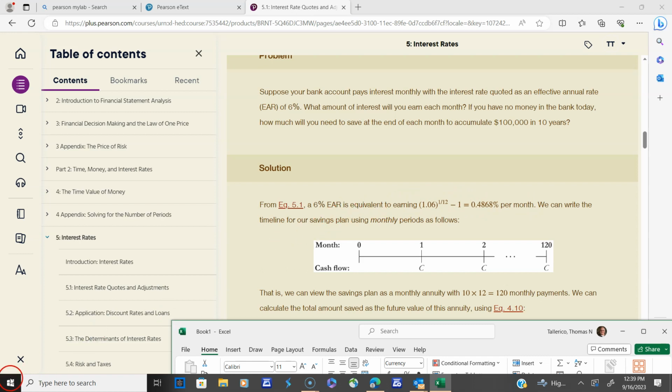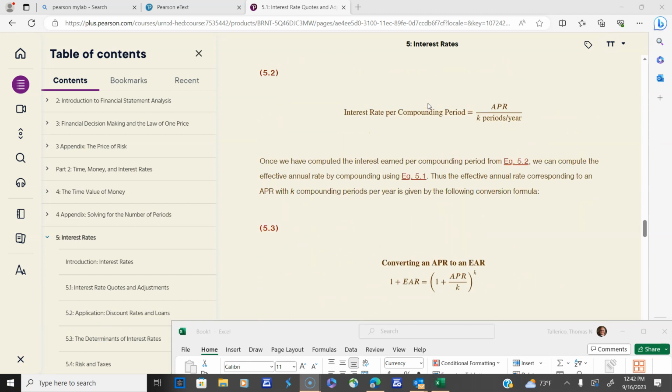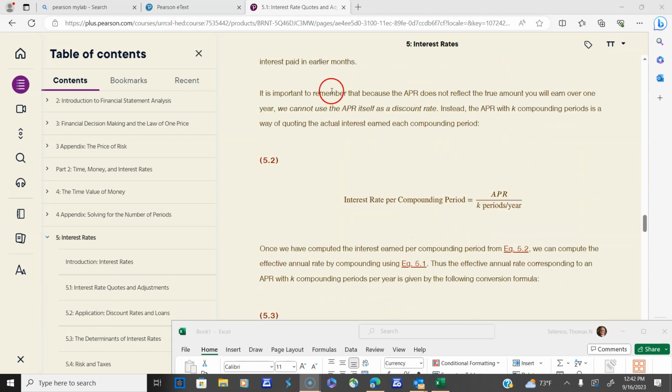All right, now I'm going to go on to equation 5.2, so just hold on. Here is the new equation, interest rate per compounding period, 5.2, and I'll just read this to you. It's important to remember that because the APR does not reflect the true amount you will earn over 1 year, because you're going to get compounding, right? We cannot use the APR itself as a discount rate.